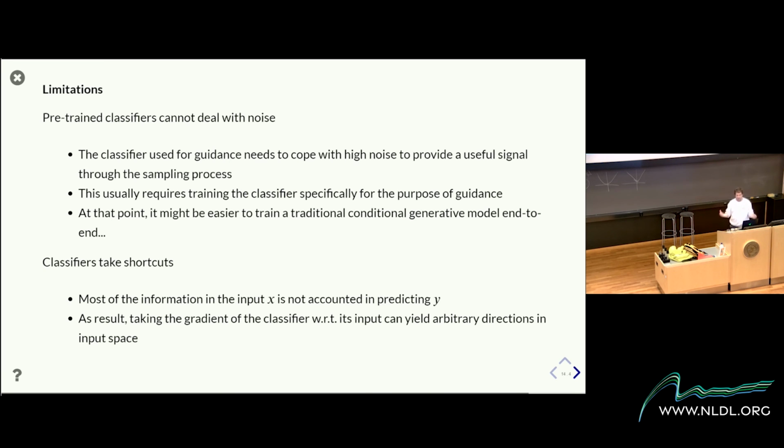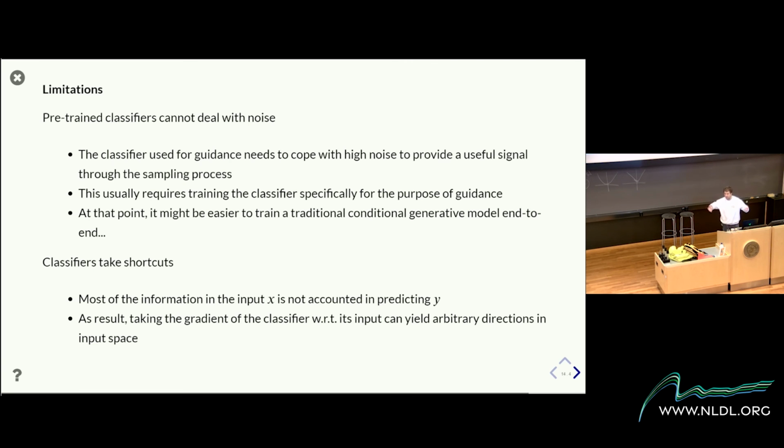This classifier is getting an image that is super noisy, and maybe it doesn't really know what to do. To deal with this, you can train a classifier that is specifically made for dealing with noise and for the purpose of guidance, but this defies a little bit the idea of reusing something which is already out there.